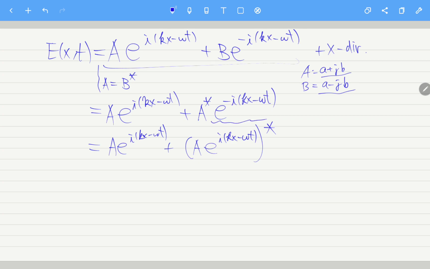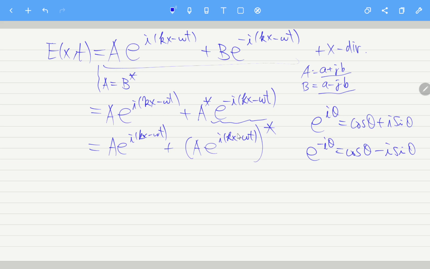If you still remember, exponential to i theta is cosine theta plus i sine theta, and exponential to negative i theta is cosine theta minus i sine theta. So these two are complex conjugates of each other: the real part is the same, and the imaginary part has a negative sign.